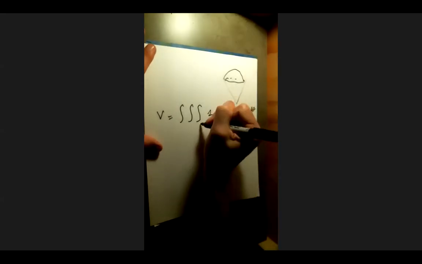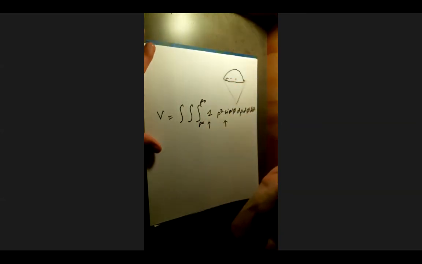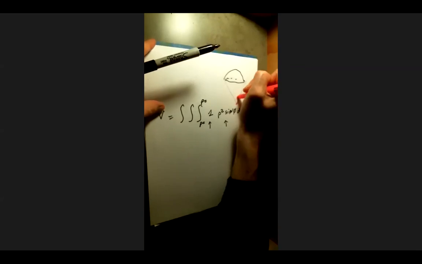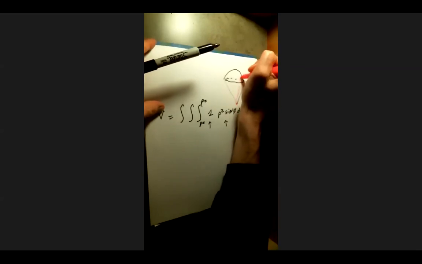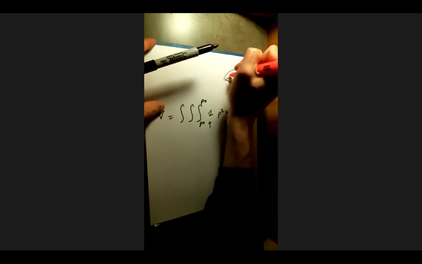So we can start with our rhos. When you look at the picture, remember rho starts at the origin and then works its way out to where it comes out of the ice cream cone. It's like a straw going into the shape.